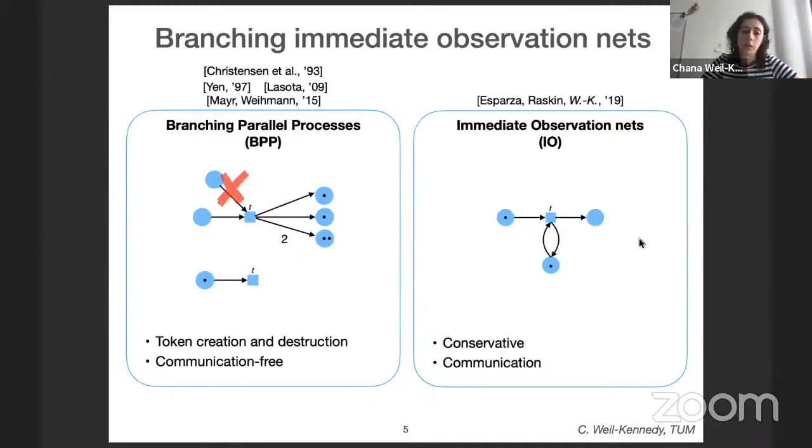So transitions are of the form I indicate here, where there's one purely input token, which observes that there's a token in another place, and then can move to a new place. So these Petri nets do not create or destroy tokens, so we say they're conservative, but there is a minimal form of communication or dependency on where other tokens of the net are.